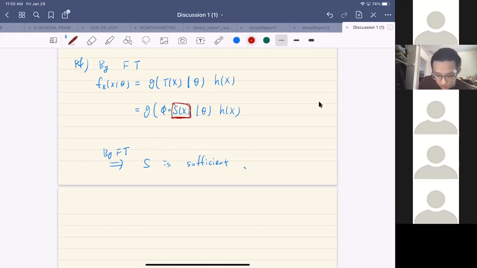Okay, so this is equal to some g prime s of x conditional on theta. Then we can use the factorization theorem again to check this is sufficient.